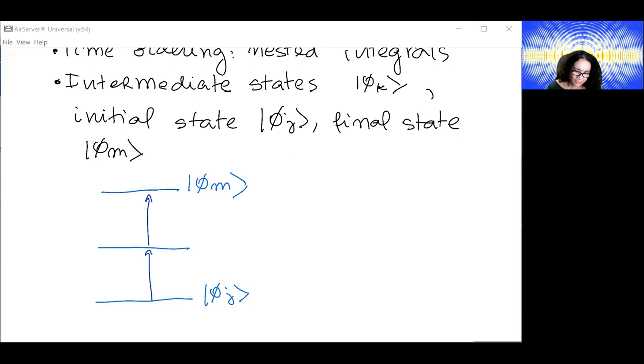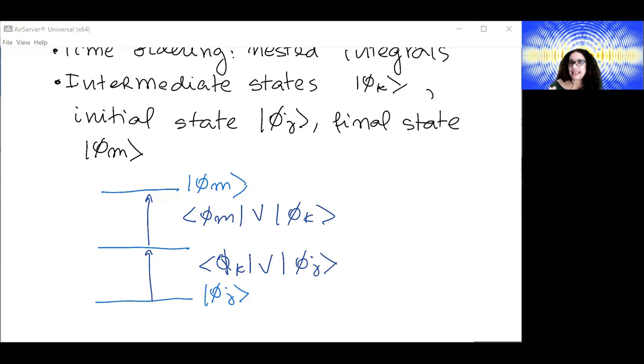So here you would have one matrix element, phi m V phi k. Here you would have phi k V phi j. But if you don't know what these things are, then you have a sum over this. You could have several possible intermediate states. You don't have just one.